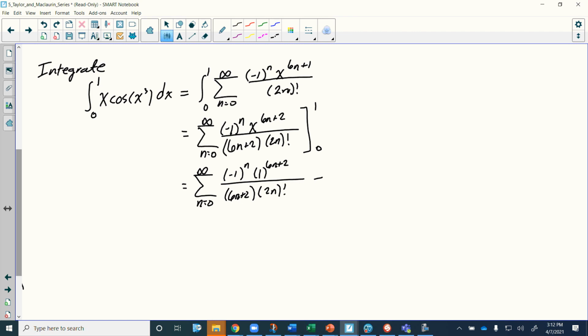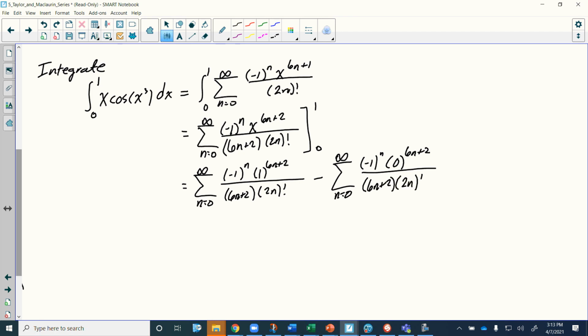And we're going to subtract n equals 0, infinity, negative 1 to the n. Now we're going to substitute 0 to the 6n plus 2 power over 6n plus 2 times 2n factorial.